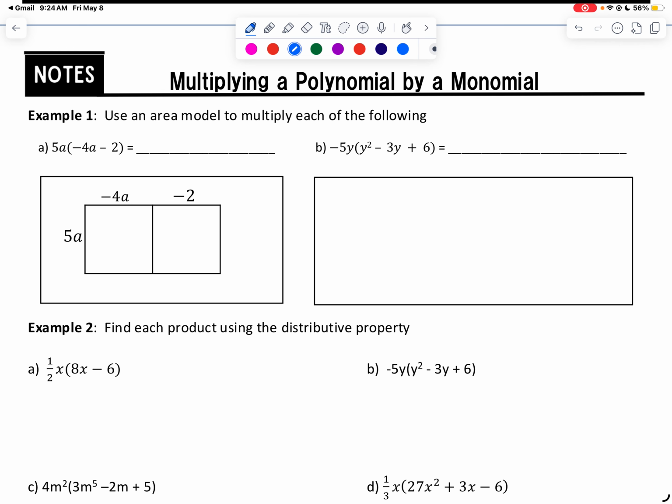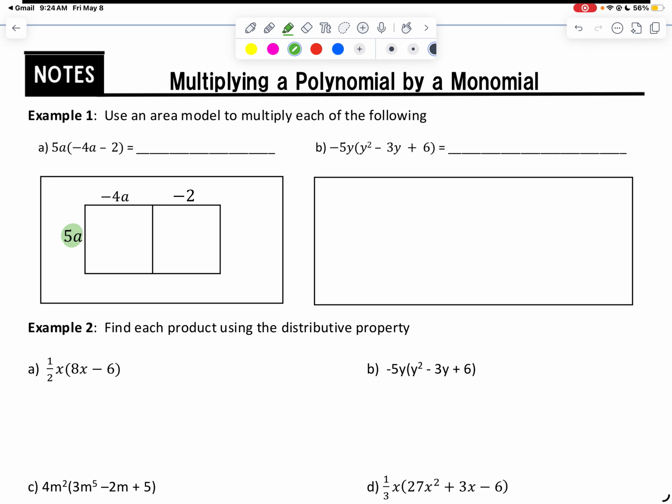In problem 1, Example 1, it says use an area model to multiply each of the following. We have 5a times the quantity negative 4a minus 2. In an area model, you put the monomial on the side and then draw a rectangle and split it into the number of terms you have. Since in the parentheses we had two terms, we split our rectangle into two parts.